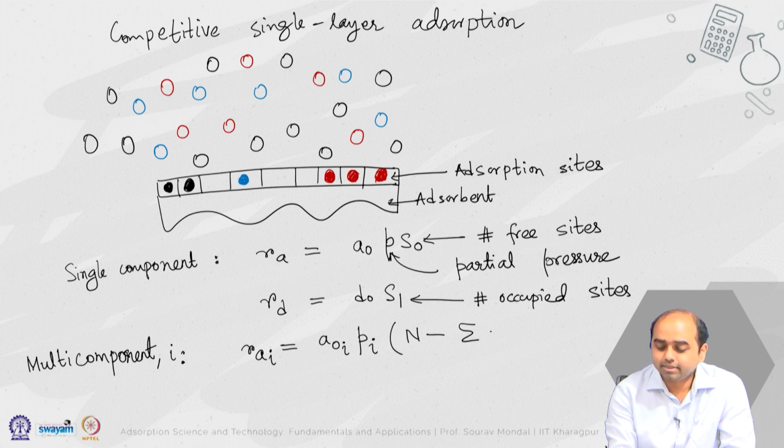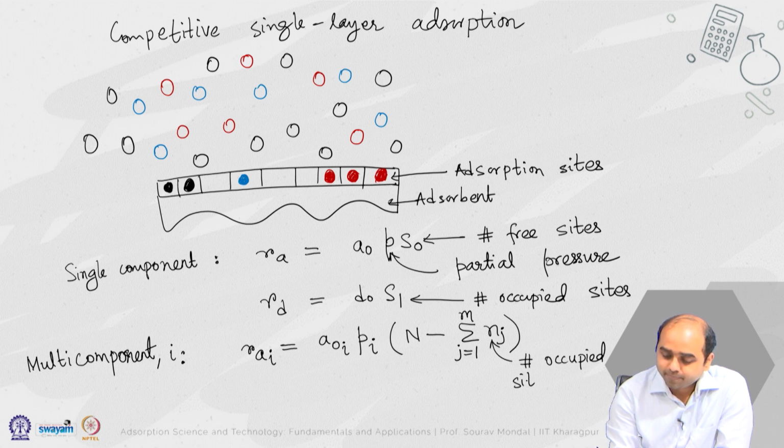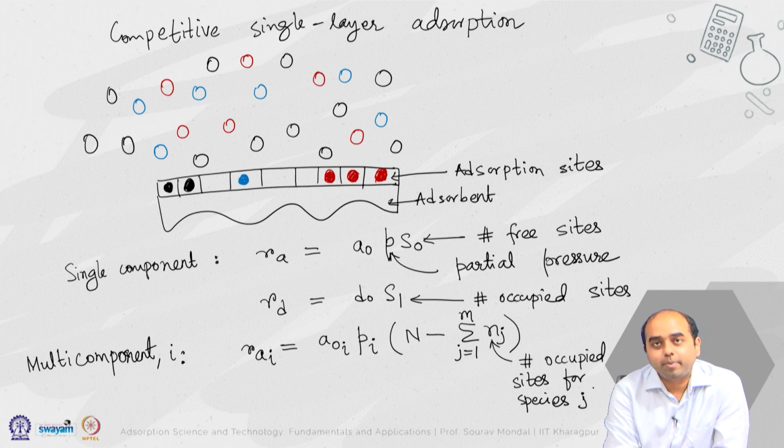minus the summation of all the occupied sites by the other species, where j corresponds to the number of species, 1 to m. So, n_j is the number of occupied sites for a particular species j, where j can vary from 1 to m depending on the number of components that you have.